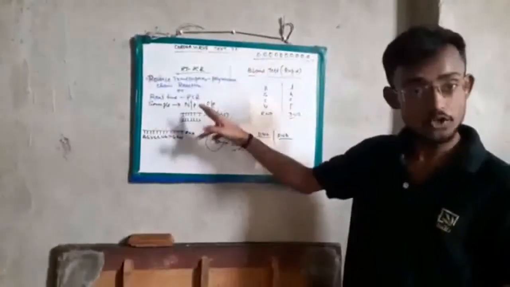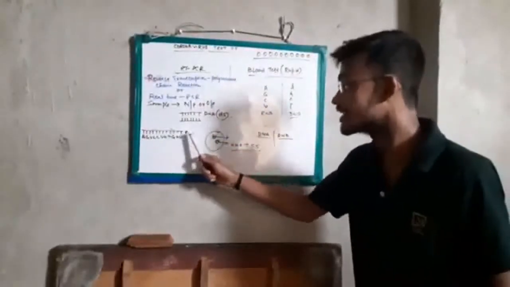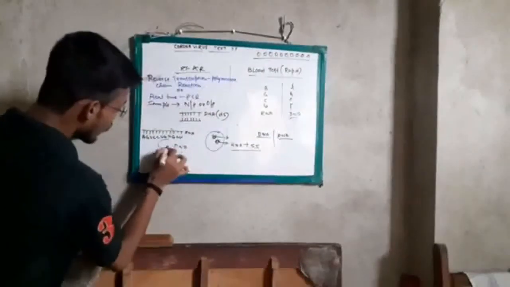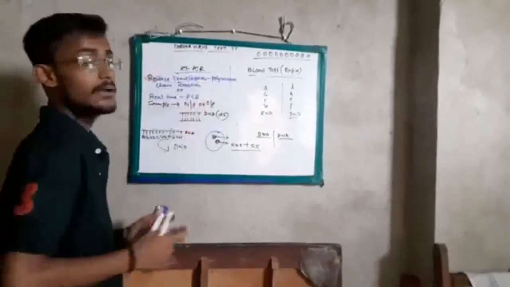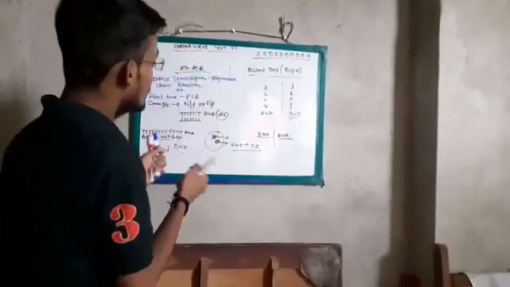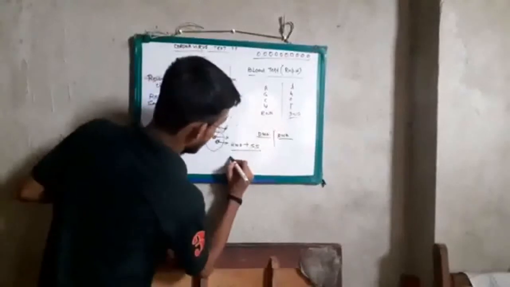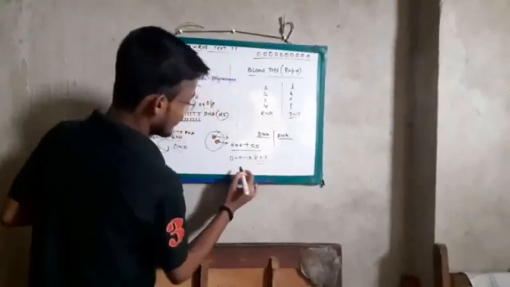But here we need to make DNA from RNA. That's why this process is known as RT-PCR, meaning reverse transcription. In PCR, we are making RNA from DNA.